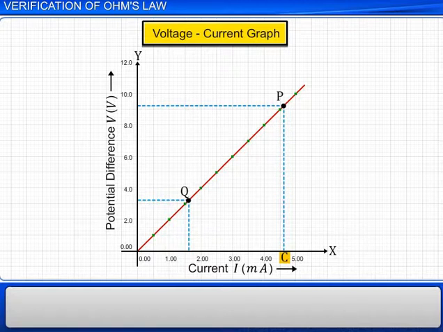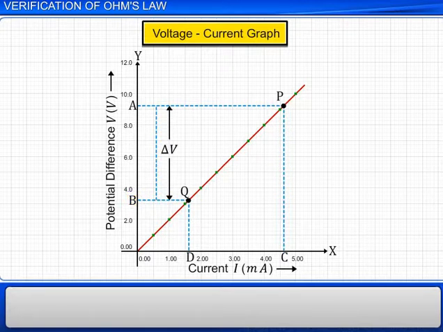Point C is the foot of the normal line from P to the x-axis, and point A the foot of the normal line from point P to the y-axis. Point D is the foot of the normal line from point Q to the x-axis, and point B the foot of the normal line from point Q to the y-axis.